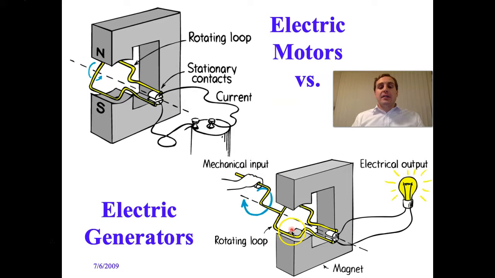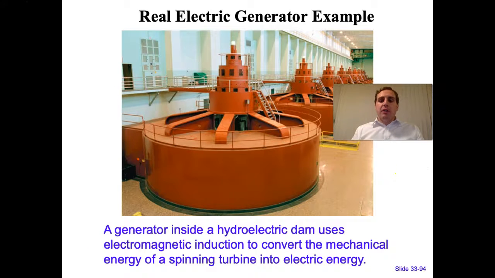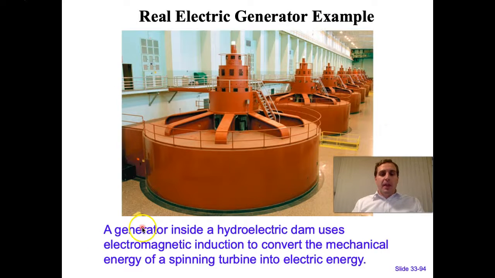In practice, we don't often change the magnetic field strength or the area of loops for Faraday's law. We often change the orientation of a coil. Here's an example of a real electric generator. This is a generator inside a hydroelectric dam that uses electromagnetic induction to convert the mechanical energy of a spinning turbine into electric energy.